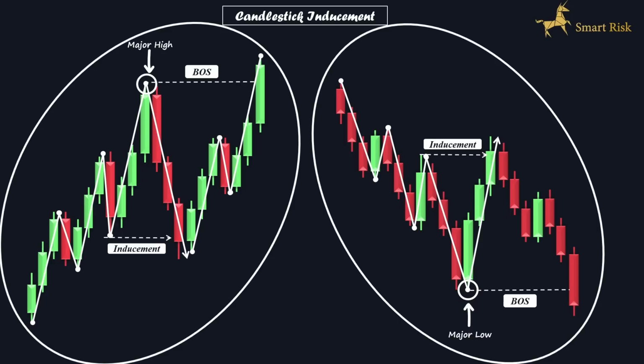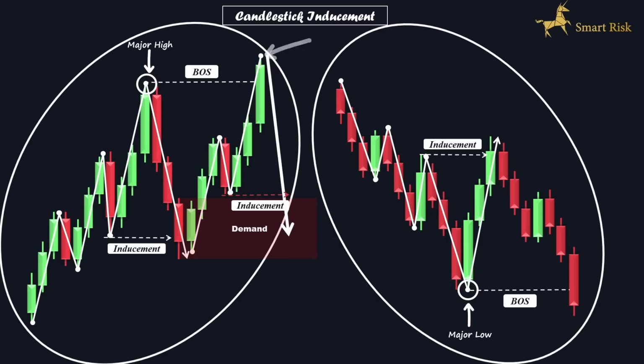So, in this case, the lowest point of this red bearish candle becomes an inducement, and we are expecting the market to retrace back down, take out and sweep the liquidity below it, and confirm this high as the new major high. After mitigating the extreme demand zone, it should reverse and continue in its upward direction, also creating a new break of structure by breaking and closing above the most recent higher high.